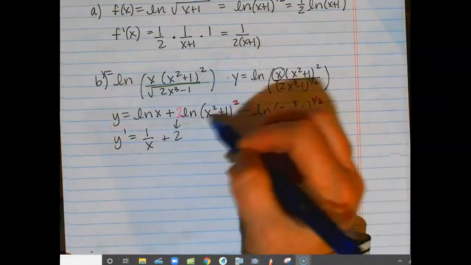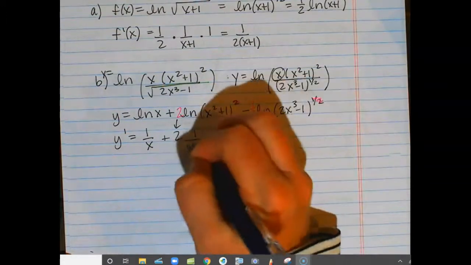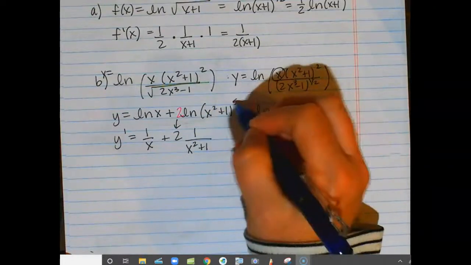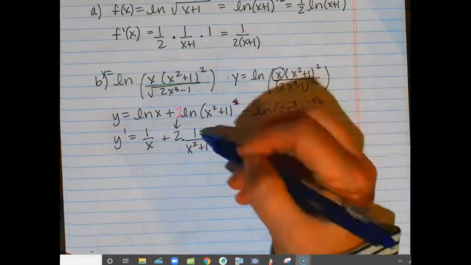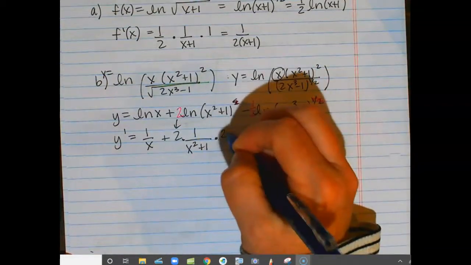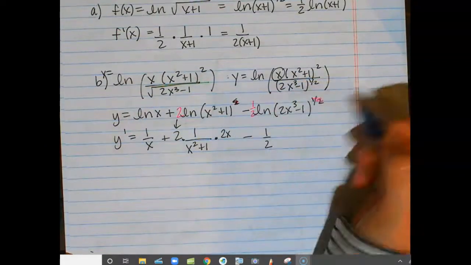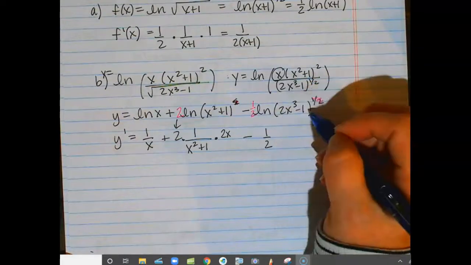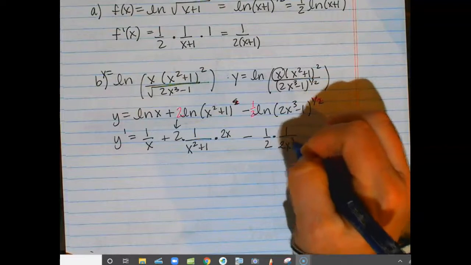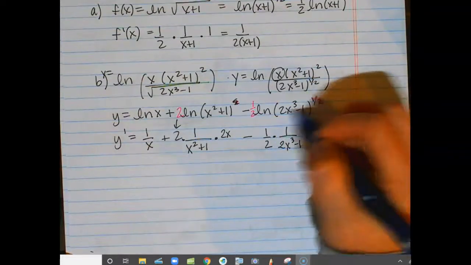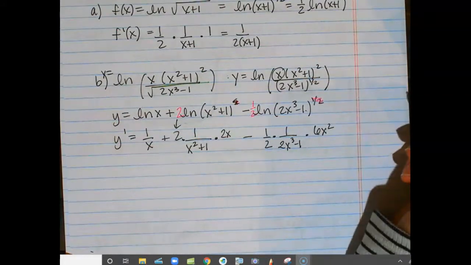The natural log derivative is 1 over x squared plus 1, times, so 1 over the argument times the derivative of the argument, minus, keep the 1/2, the derivative of the natural log part is 1 over 2x cubed minus 1 times the derivative of its argument, which is 6x squared.